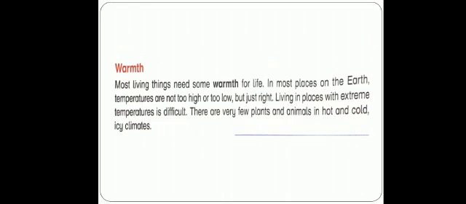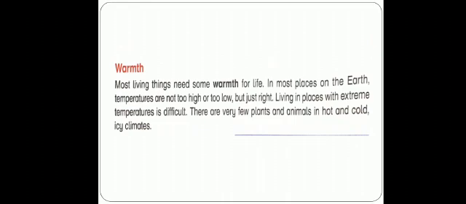The last factor of the environment is warmth. Warmth means moderate temperature. Most living things need some warmth for life. In most places on earth, temperatures are not too high or too low, but just right.